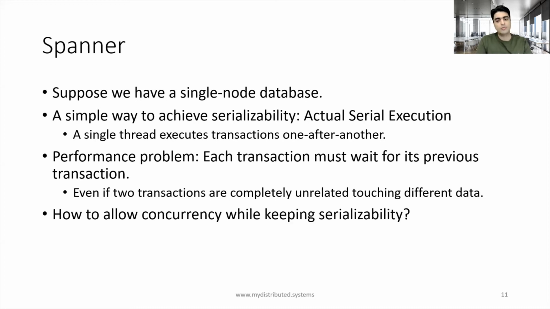So now this is the question: how to allow concurrency while keeping serializability? Is there any way that transactions that are unrelated run concurrently, but transactions that are conflicting run sequentially? Is there any way to do that?